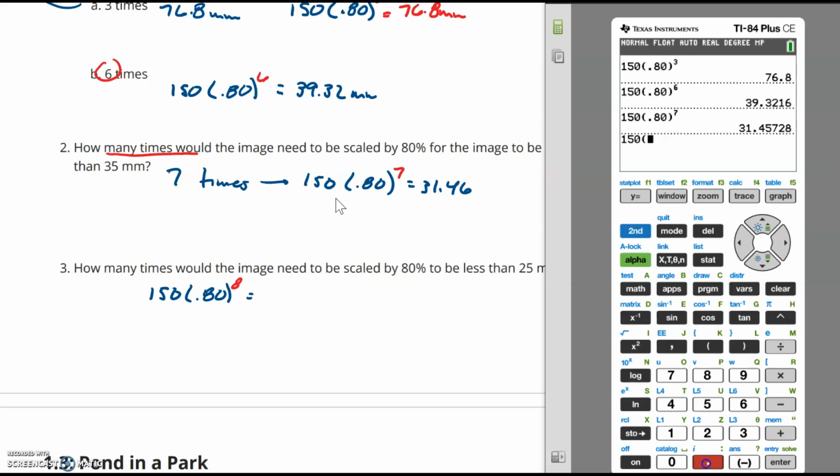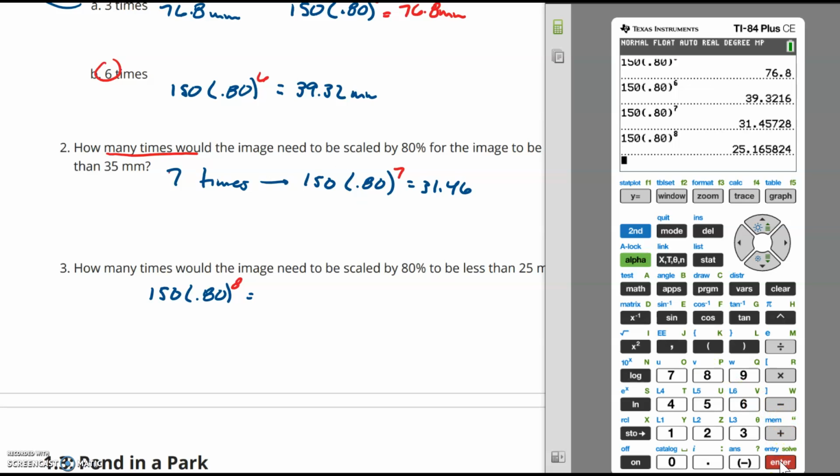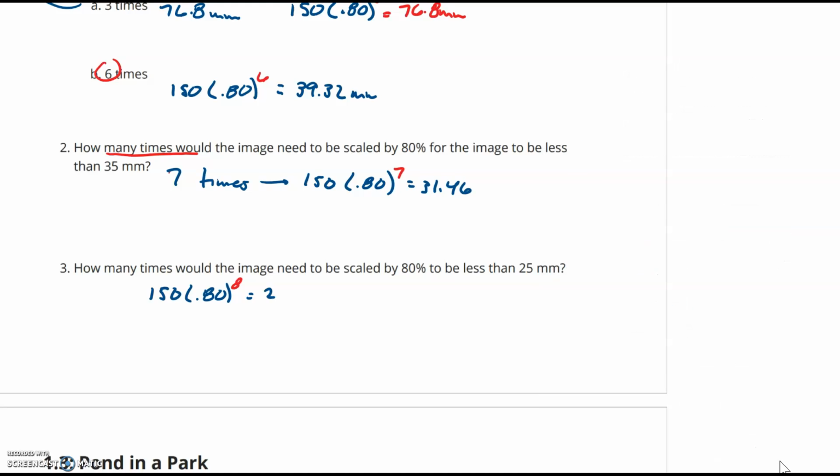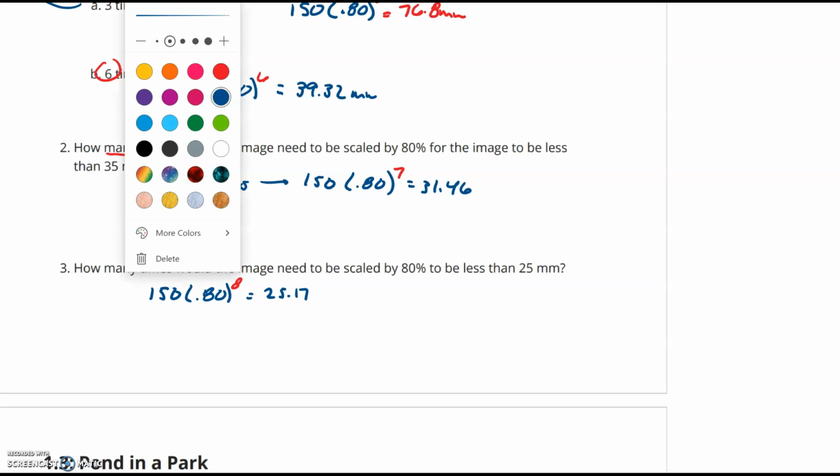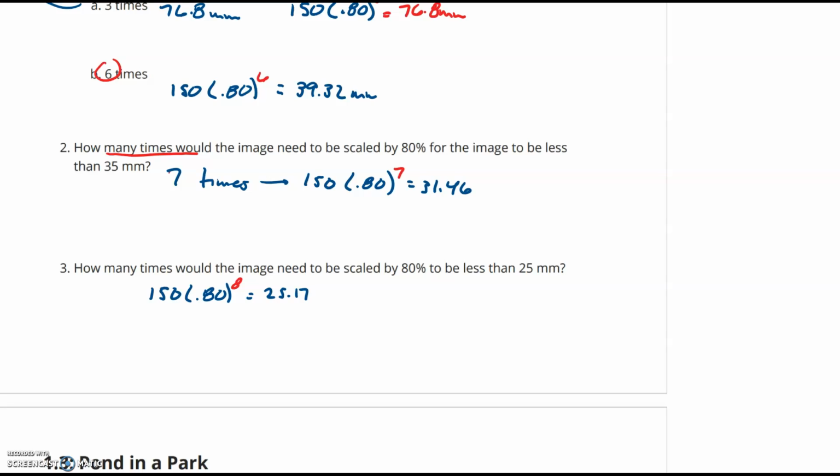We guessed 8 times, and that is not less than 25, so this is 25.17. So that's not less than 25, so I know that we would need to multiply it 9 times.